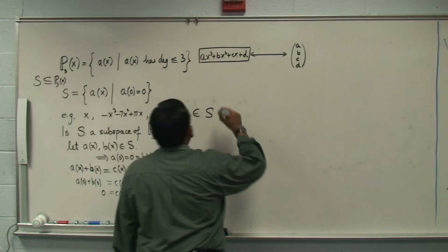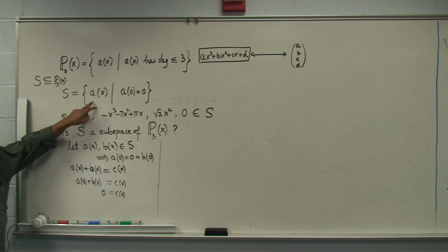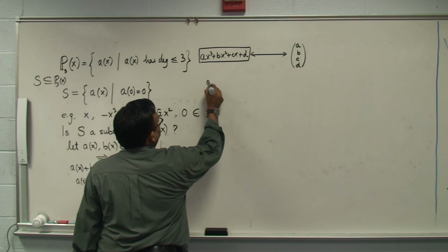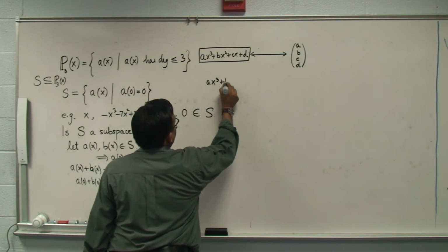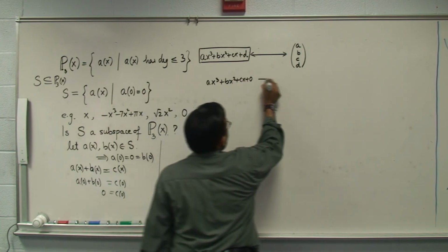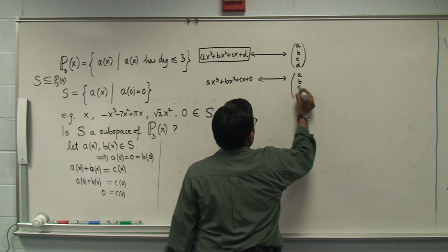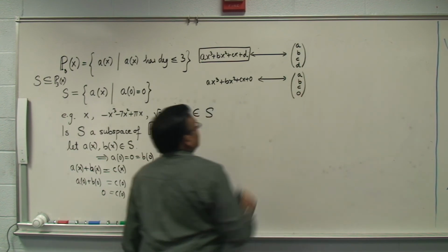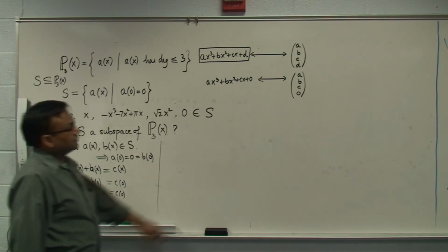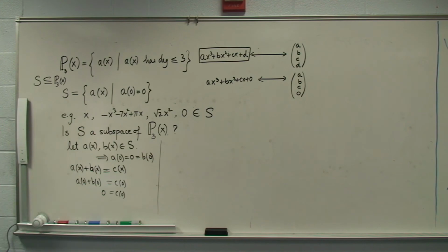If that is the case, what is the set that I'm dealing with here? This set says the constant term must be 0. That means I'm looking for polynomials of the form ax cubed plus bx squared plus cx plus 0. So that means we are looking for a subset like this, (a, b, c, 0). So we are saying things like that, whose fourth component is 0, will also be a subspace of R4.